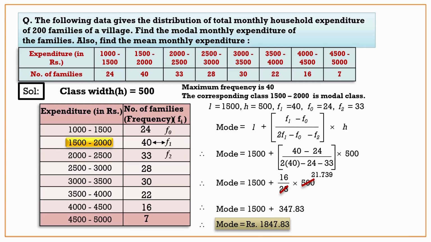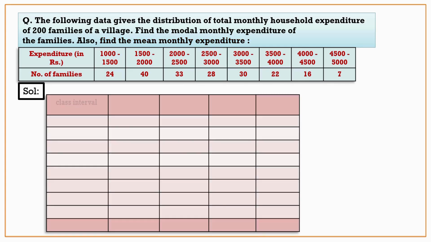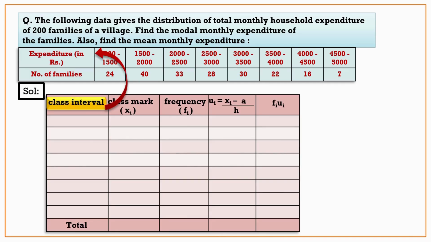Now we need to find the mean. So let's make the table: class interval, class mark xi, frequency fi, and ui, that is xi minus a, where a is the assumed mean, divided by h, and then finally fi ui. Here also we are using the step deviation method.